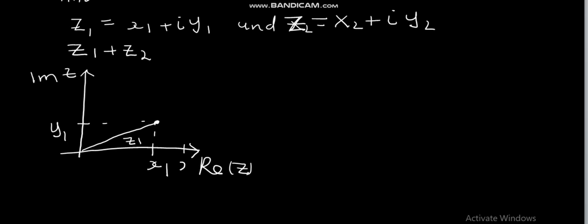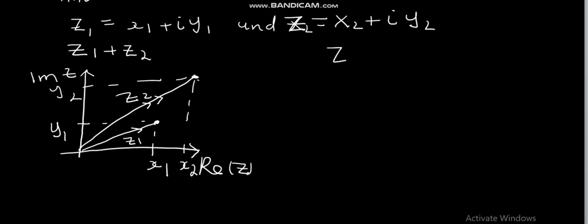Z2 will have, for example, X2 there and our Y2 somewhere. Is that okay? And we shall elongate it a bit like that. We shall have our Z2 along there. This is our Z2, but remember we are interested in getting Z1 plus Z2.